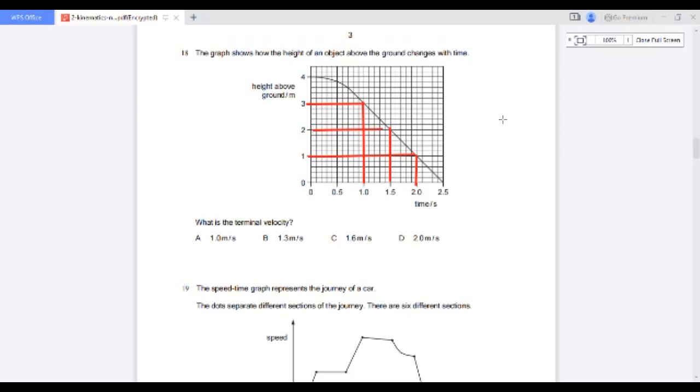At 2 seconds it is 1, at 1.5 seconds it is 2, at 1 second it is 3, at 0.5 it is 4, and at 0 it is 4.